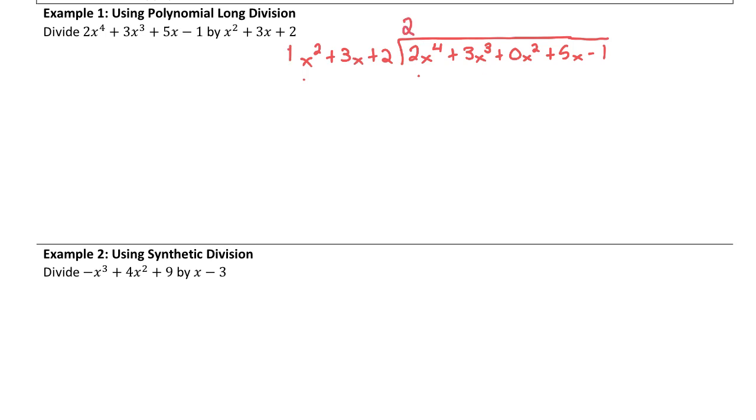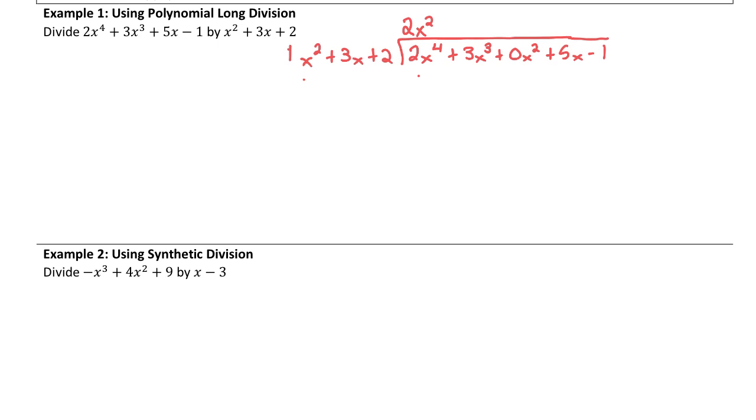Okay? Then x squared times what would give me x to the fourth? x squared times x squared would give me x to the fourth. So I'm asking myself, what times this term gives me this term? That's the first step. Missed my squared there.